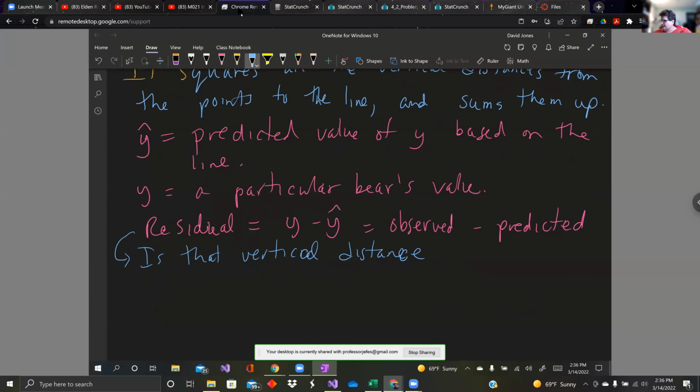And I told you they take each one and they square it, and then they add them up. So this is like the sum of squares. Let me change how I put this.